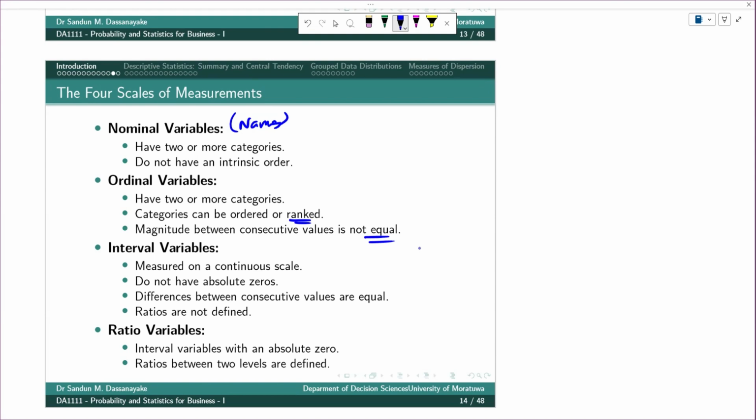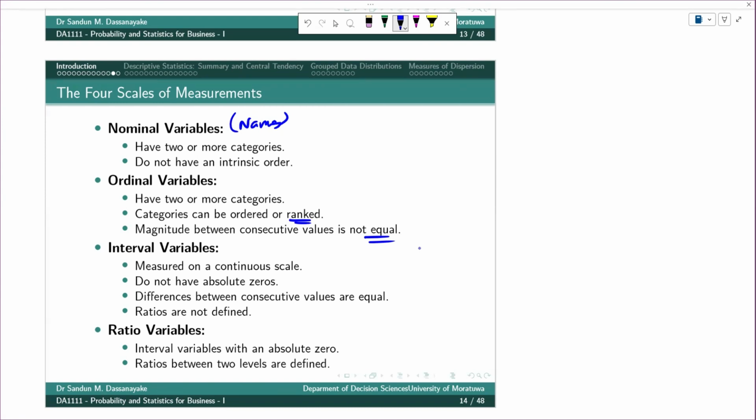An interval variable is measured on a continuous scale and does not have an absolute zero, in the sense of an exact zero, like a zeroth position. In reality, you can't really talk about zero because if it is a measurement, you always have non-negative values, greater than zero.